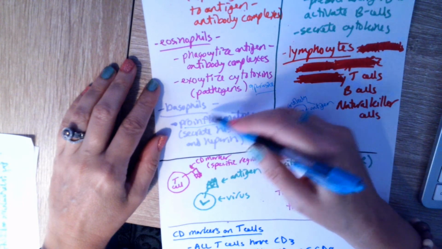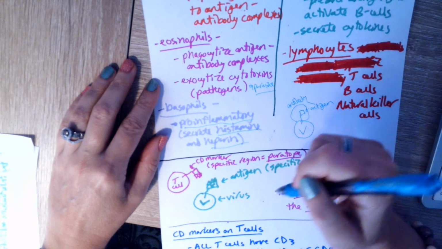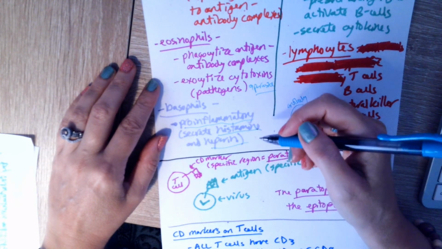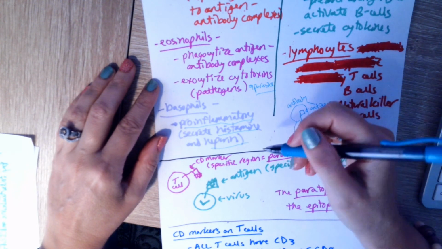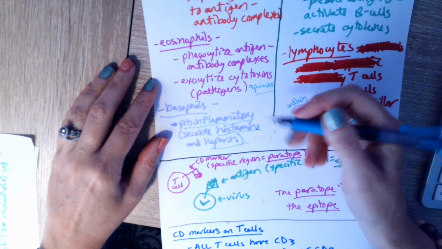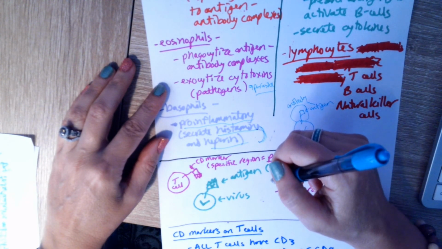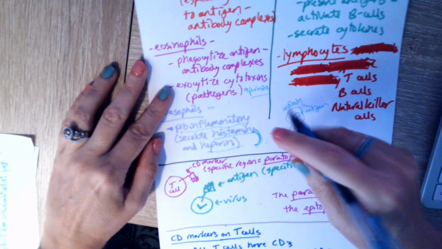The way that these basophils do that is they secrete two things, histamine and heparin, and both of those cause vasodilation, and they are anticoagulants. So they make the blood vessels bigger, more blood can get through, and they prevent clotting. This also helps as negative feedback for the blood clotting process, so you don't just get a big old clot that gets out of control.